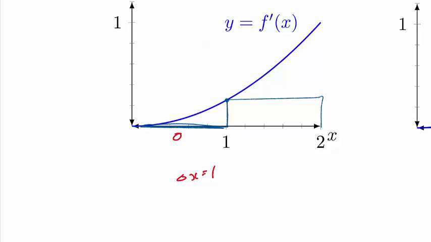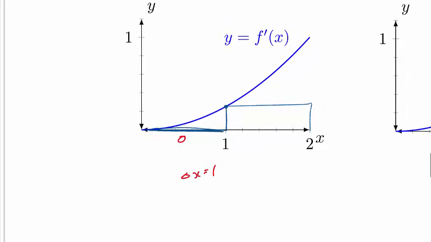The area right here is 0. Area right here, well, the width is 1, and the height, let's see what that is. Each one of these is about 0.2, 0.4, 0.6, 0.8, and of course 1. And this goes a little bit above the 0.2 mark right there. It's not halfway, so let's call it 0.22.